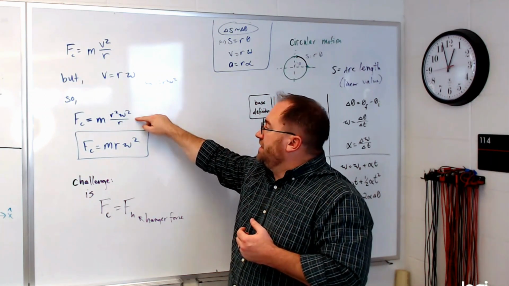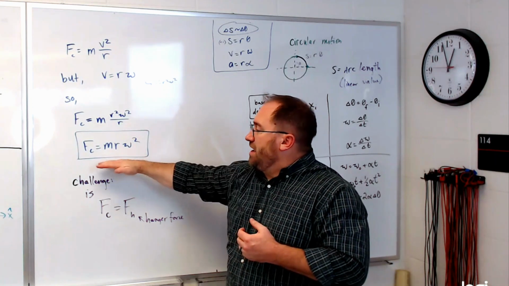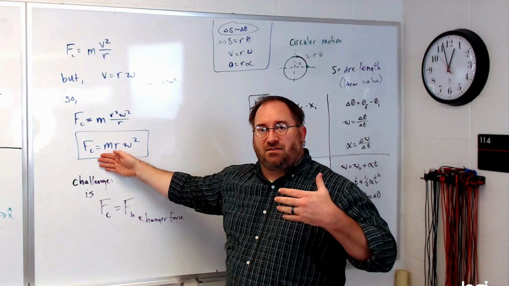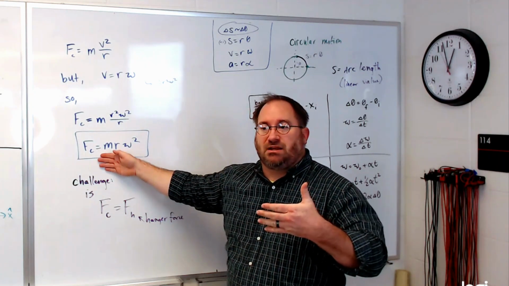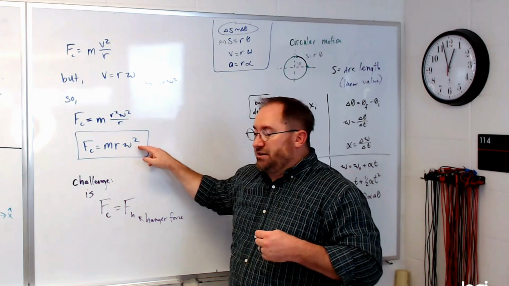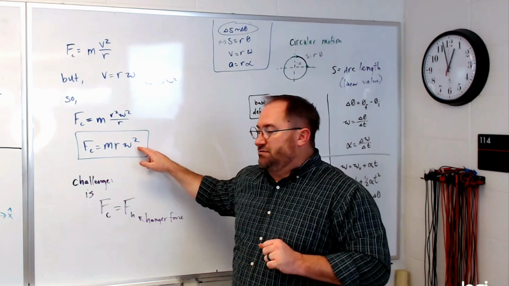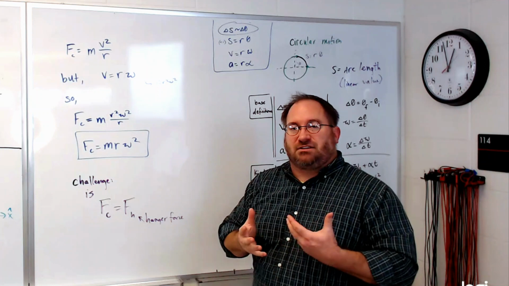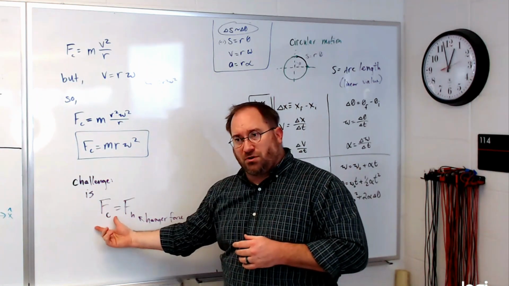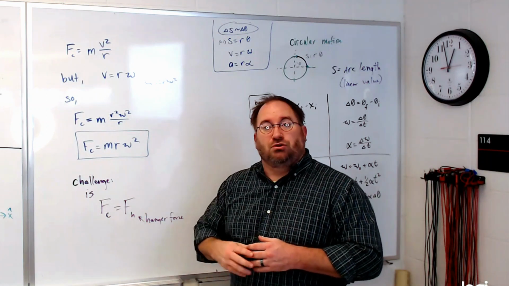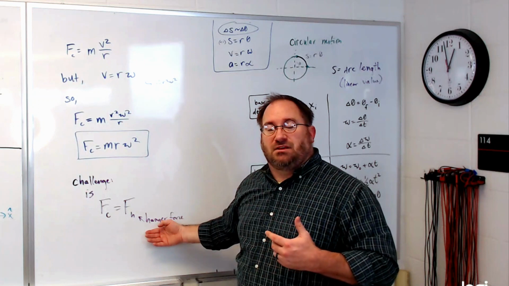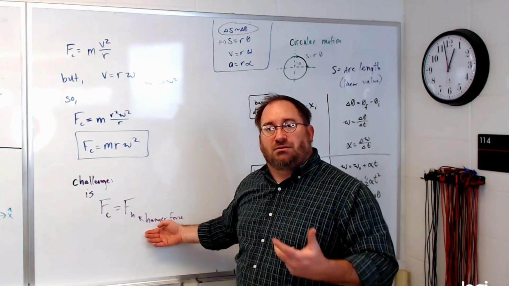We substitute that in, the radii simplify, and your centripetal force can be written in this format, where instead of a linear velocity and radius, we're now looking at the angular speed and radius, and it's a linear relationship, no fractions involved. So your task in this lab is going to be to compare the centripetal force that you measure using this relationship and the hanger force, which is the mass of the hanger times 9.8.